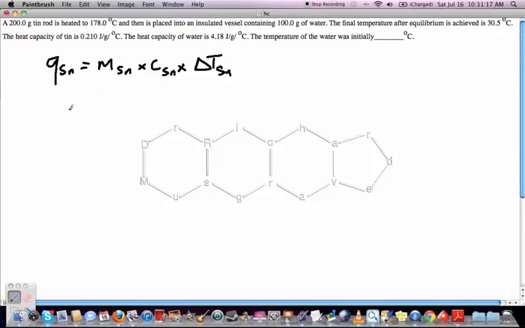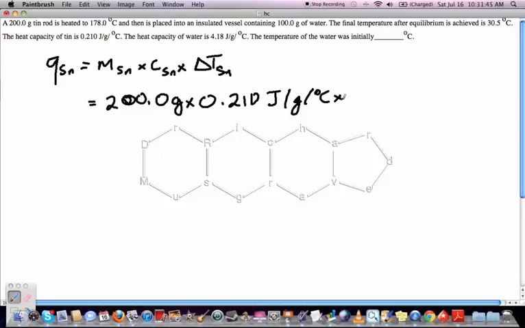And we can get that by doing 200.0 grams times the heat capacity, and notice I'm using my units here as well while I'm doing this.